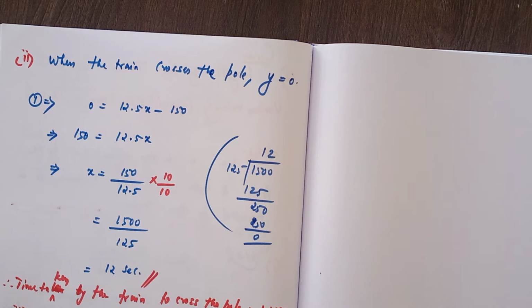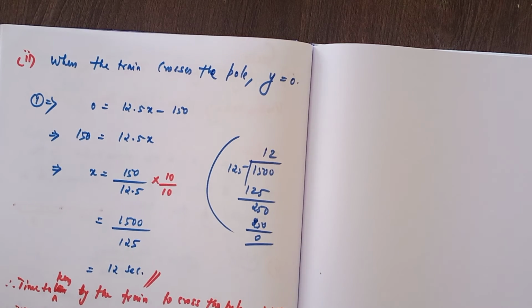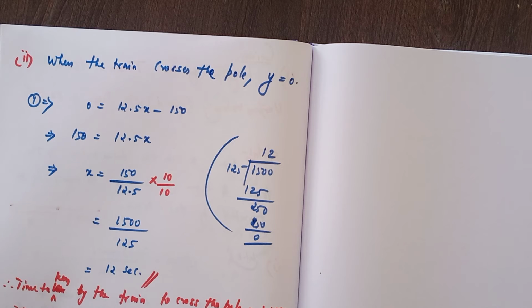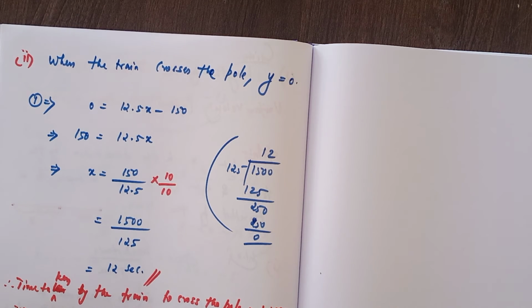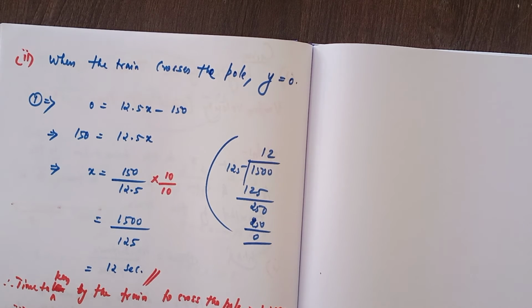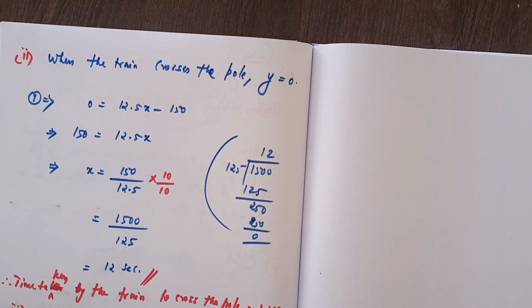Now third subdivision. Length of the bridge is given. When length of the bridge is considered as y, that is equal to 850 meters.